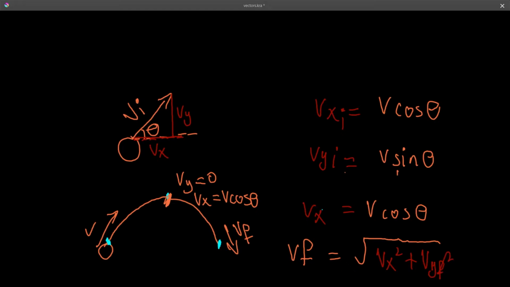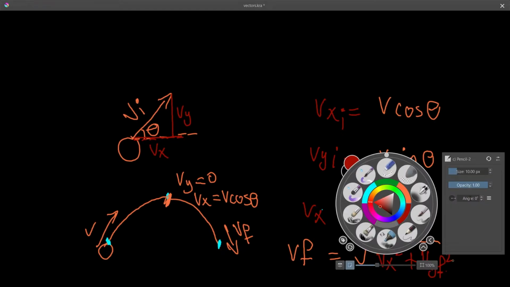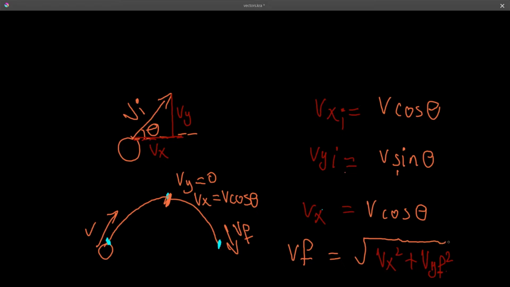So you need the final y velocity here. And if you're wondering why we didn't write Vx final, it's because Vx final is the same as Vx initial. Vx is constant. It's always just V cosine theta.